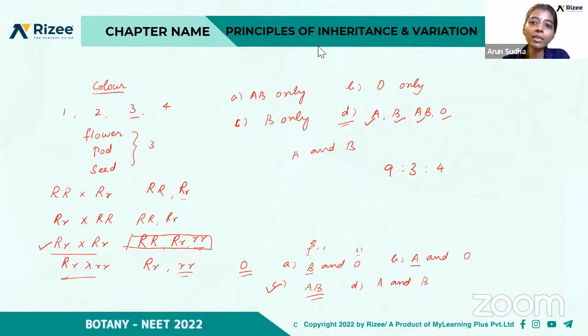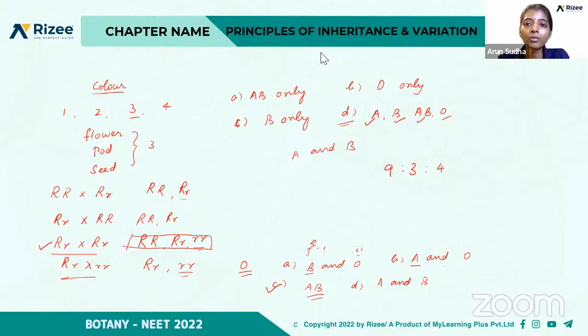Based on the percentage of recombinants formed, we can find out the distance between the genes, expressed as centimorgan. Based on the distance between genes, we can find the position of a gene in the chromosome. That is the genetic map. So you go through that also.